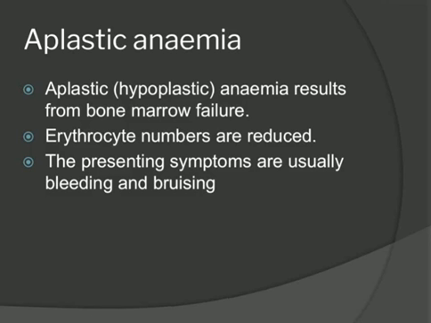When all of these cells are low, this condition is termed pancytopenia, and this is accompanied by anemia, diminished immunity, and a tendency to bleed, because WBCs are responsible for immunity and platelets help in stopping bleeding. Right? Now, this condition is occasionally inherited.